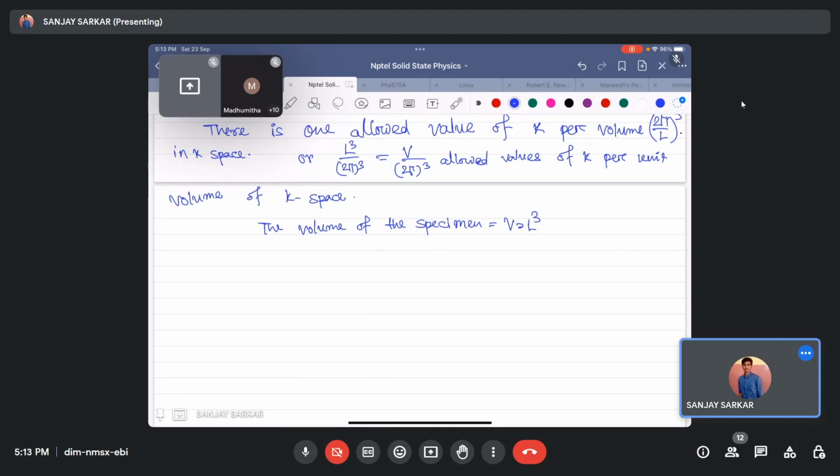So we will calculate the number of modes.